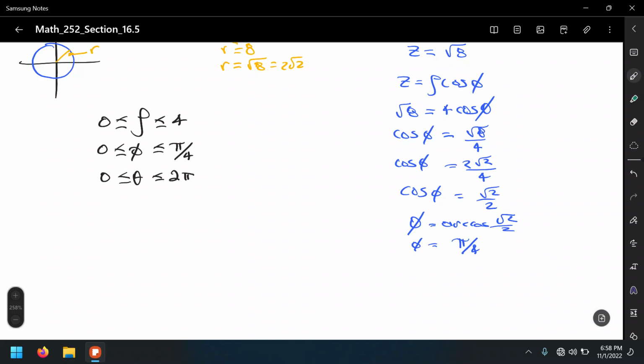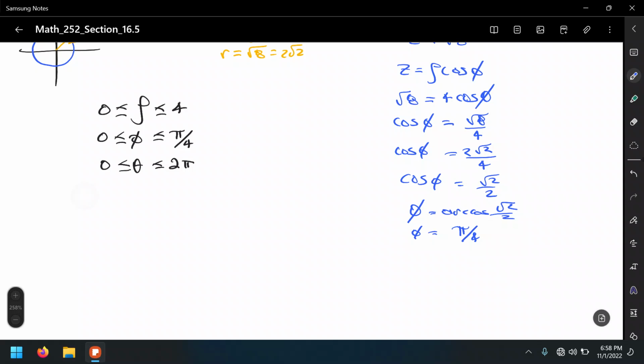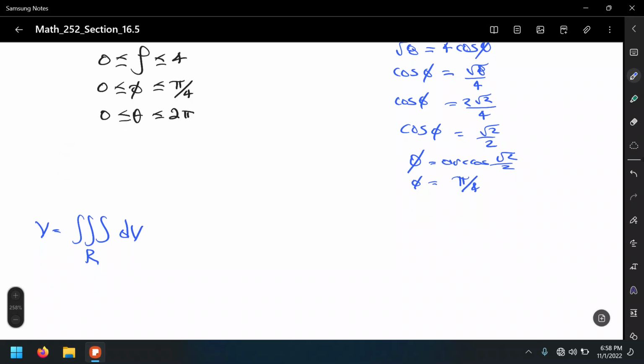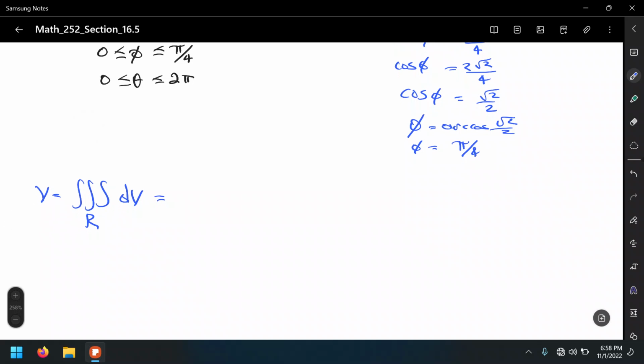So let's set up the integral. The integral for volume, in general, equals the triple integral over the region R of dV, and that triple integral represents volume as long as the integrand is only the number 1. We need to convert this to spherical coordinates. Recall that dV is dz dy dx, or your favorite order.